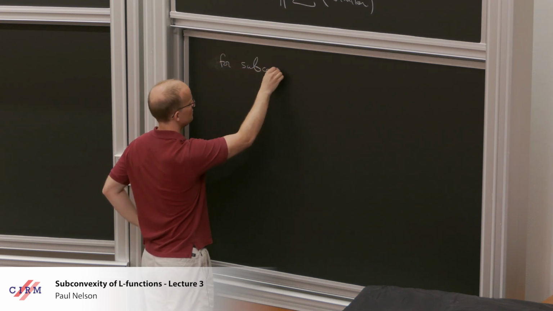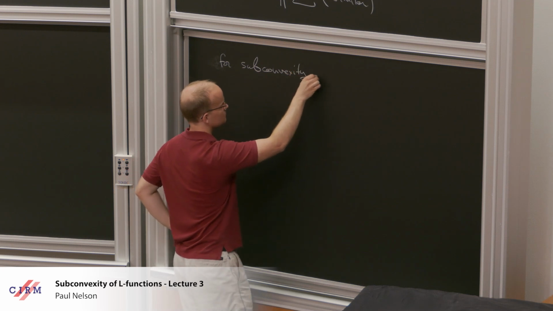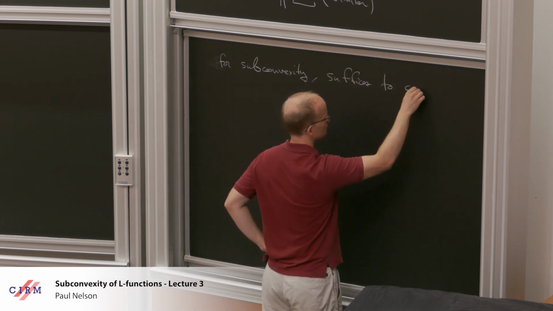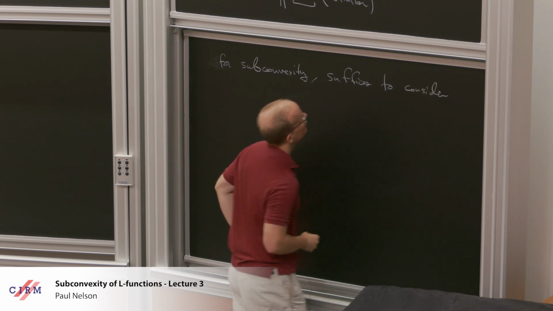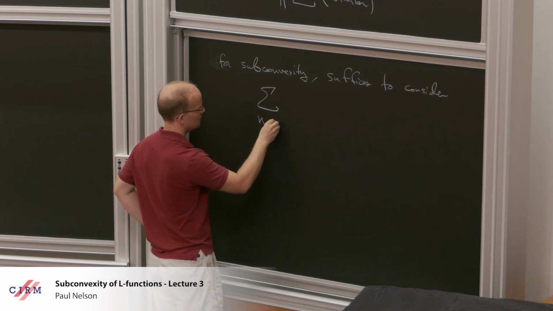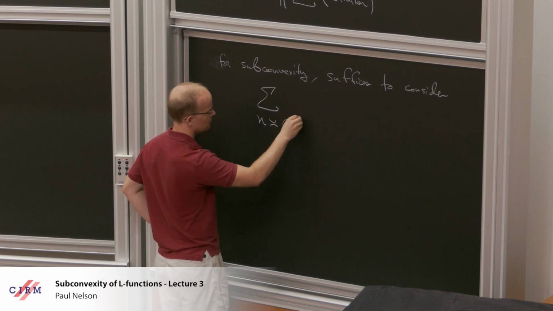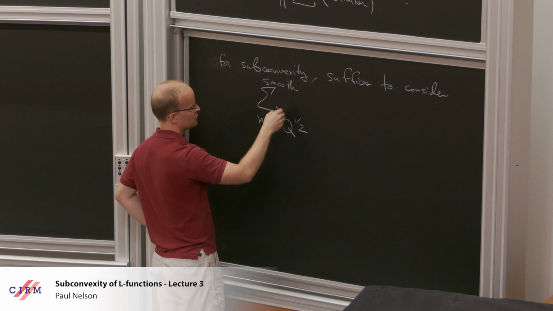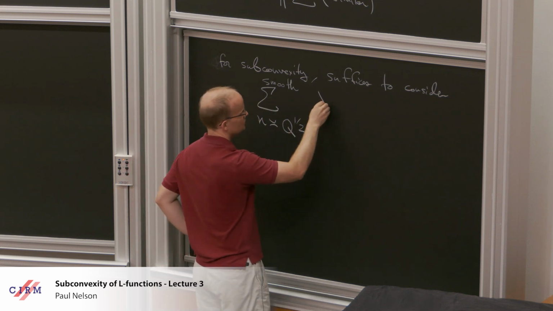So for subconvexity, it suffices to consider a sum where n ranges over q to the 1/2, and sometimes we'll write the superscript smooth to denote that.